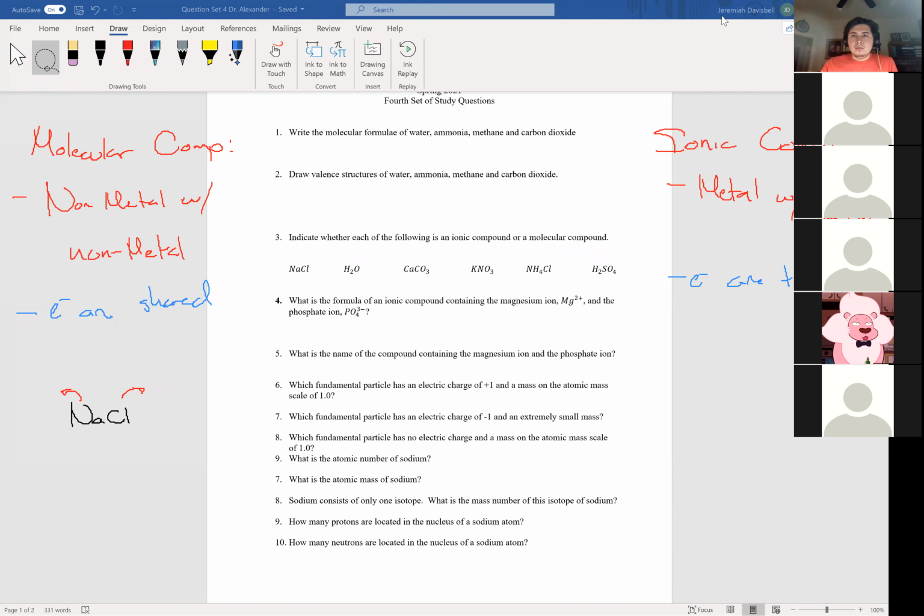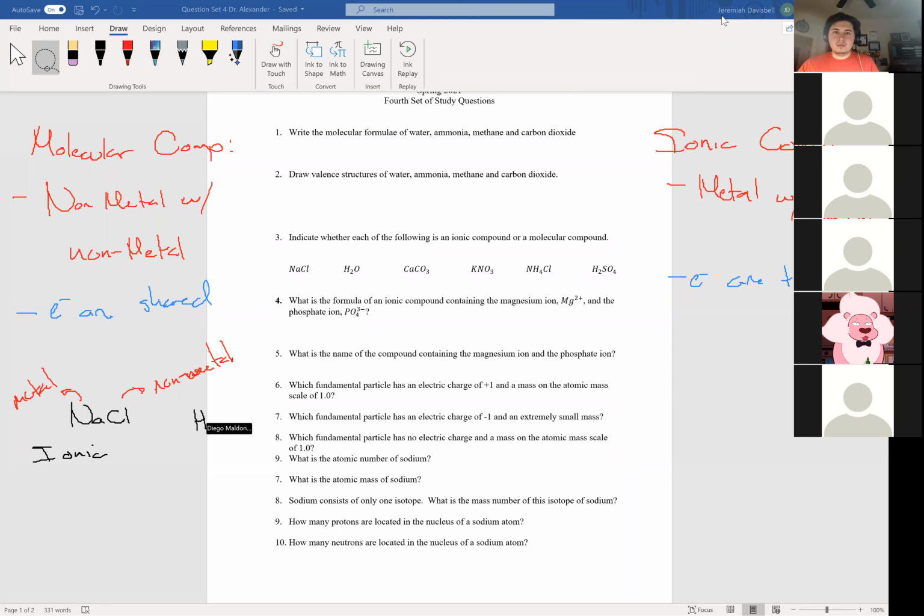Sodium is a metal and this is a non-metal. So what can we deduce from that? It would be an ionic compound. So NaCl is ionic.